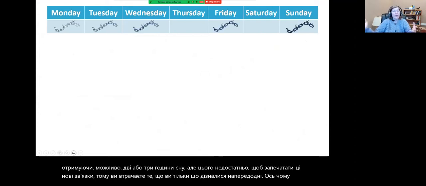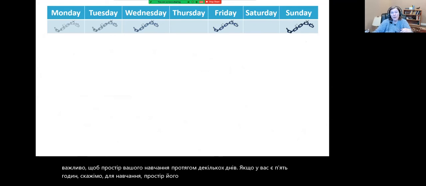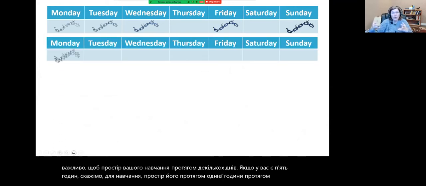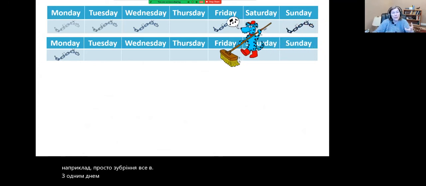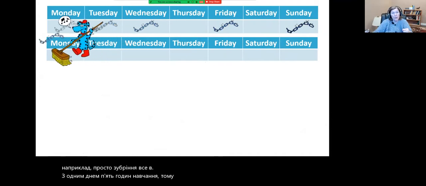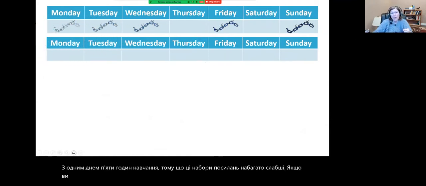If you have 5 hours, say, to study, space it out as 1 hour over 5 days, rather than cramming everything into 1 day of 5 hours of study, because those sets of links are much weaker. If you space things out, you're not only getting the practice that day, but you're also getting that extra practice during sleep. So it sort of doubles your effort.